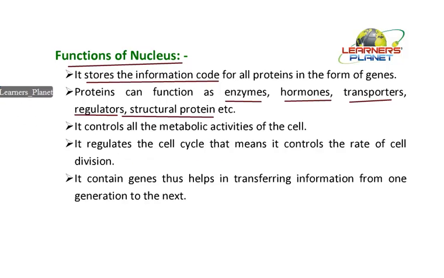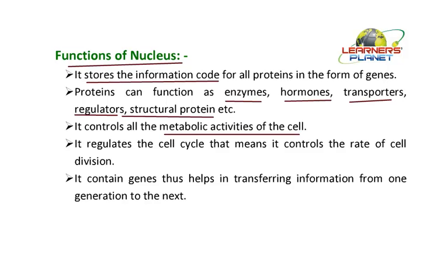Besides that, another function is that it controls all the metabolic activities of the cell. Why is it so? First of all, what do we mean by metabolic activity? Metabolic activity, or metabolism, means the set of all biochemical reactions. The code for each such type of reaction is basically encoded by the genes only.